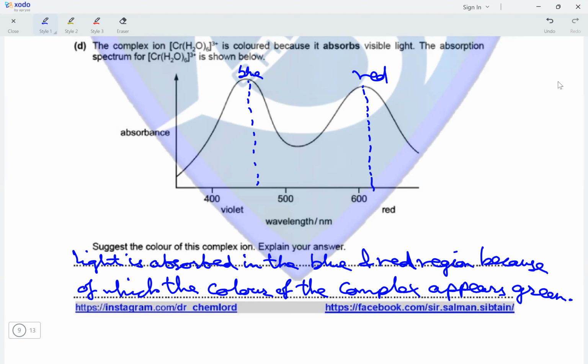So the color of the chromium 3+ aqueous ion would be green.